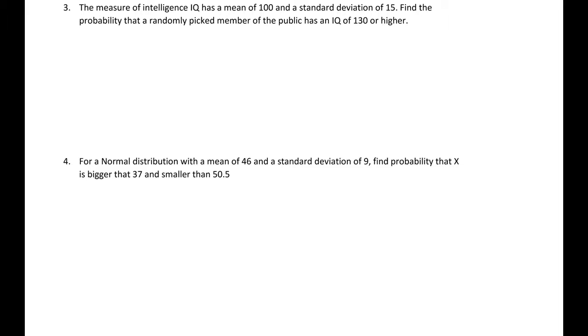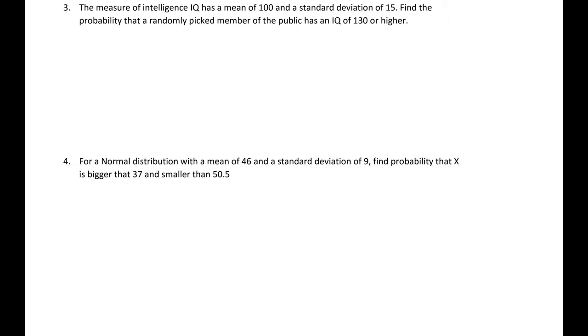Okay, question 3 is quite a nice one because it's actually the real numbers taken from something. The IQ is defined as having a mean of 100 and a standard deviation of 15. What that means is that this is real. We can actually use this. So we want to find the probability that a random member of the public has an IQ of 130 or higher.